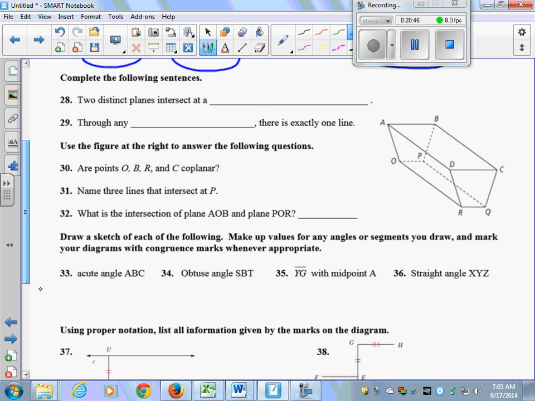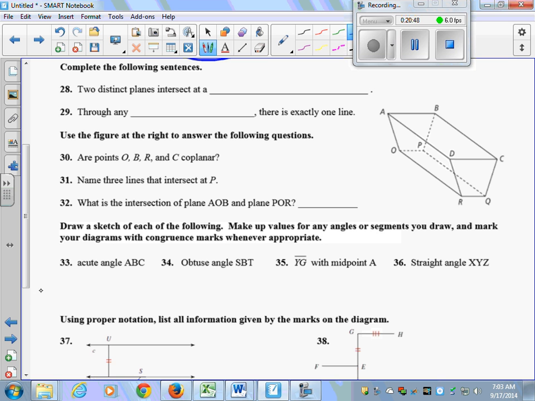Okay, complete the following sentences. Two distinct planes intersect at one line. Always, that was the postulate we learned. Through any 2 points, there is exactly one line, another postulate. Okay, use the figure. Are points O, B, R, and C coplanar? Let's find out.